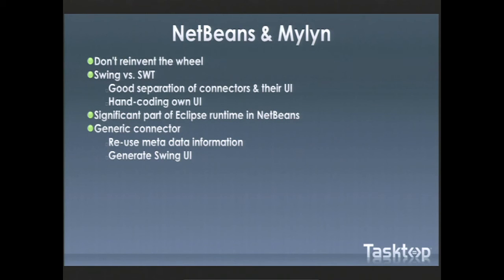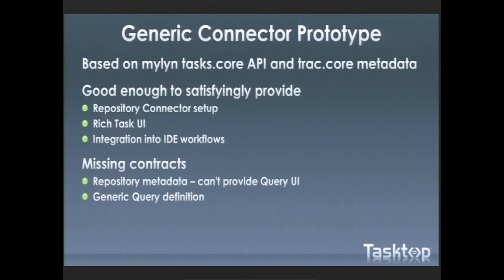So basically, we would like to take the Trac core from Eclipse and then generate the UI. Because Mylyn contains meta information about the task model, we should be able to do it. So with that, it's probably Tomáš's turn to demonstrate that.